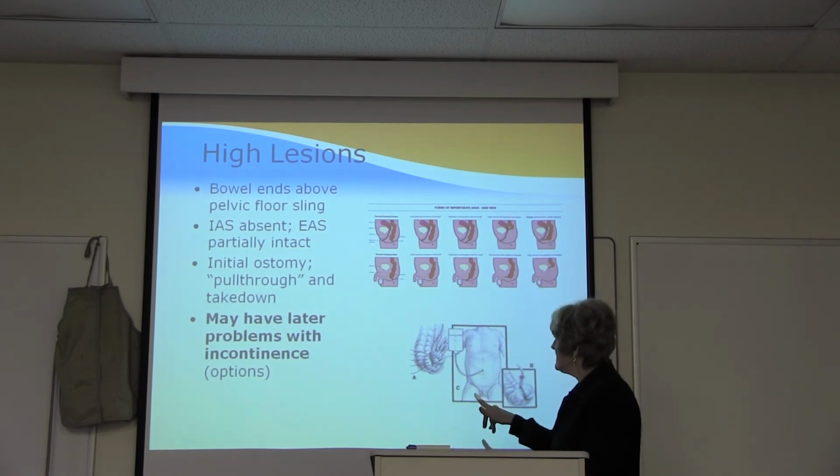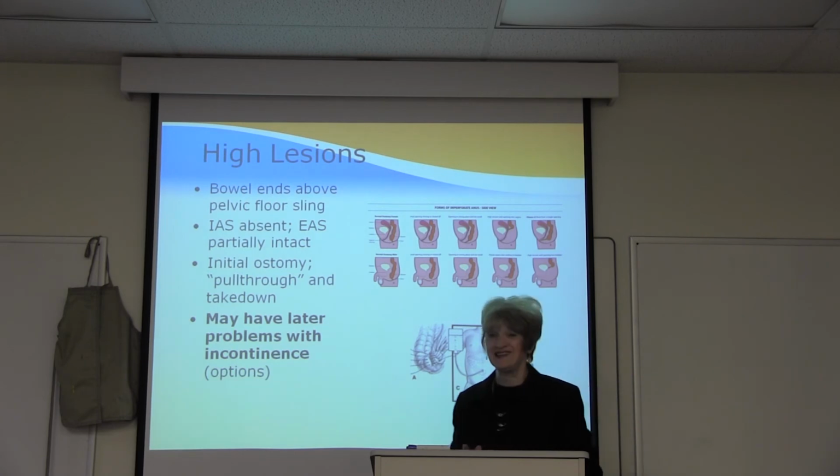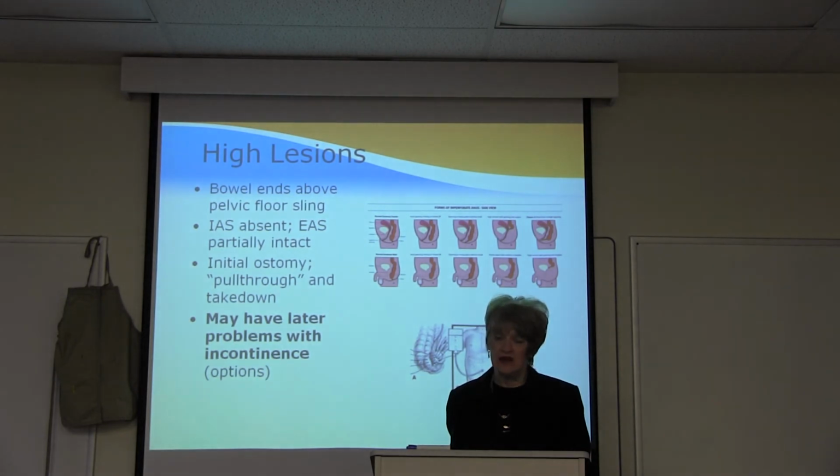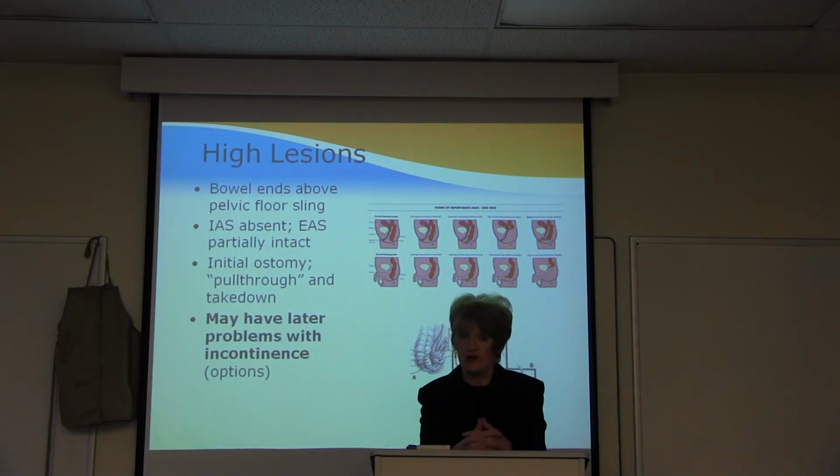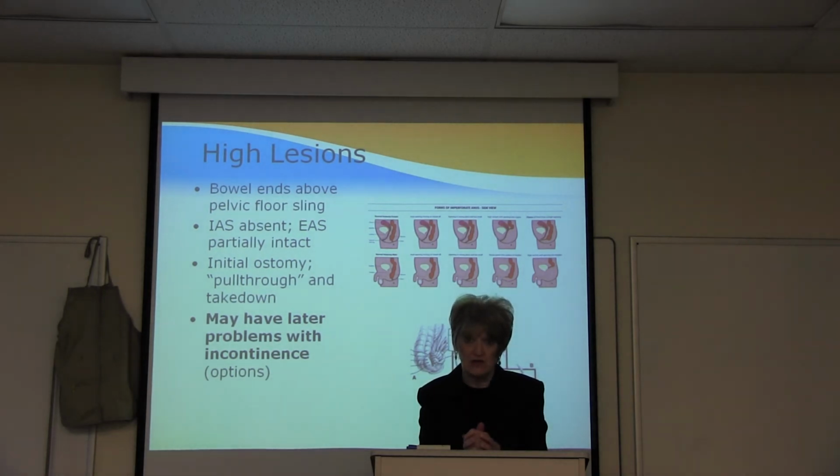But as you can see, the prognosis for continence is not as good because you don't have the internal sphincter and you don't have a normally innervated anal canal. So you can see that for these kids it would be very critical early on to get them on adequate fiber and fluid so that they have consistently bulky stool.